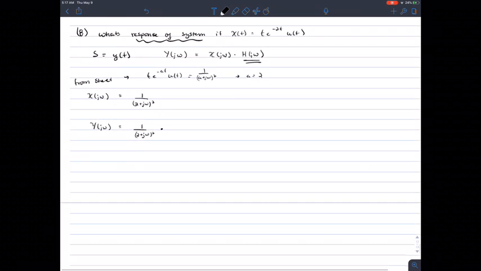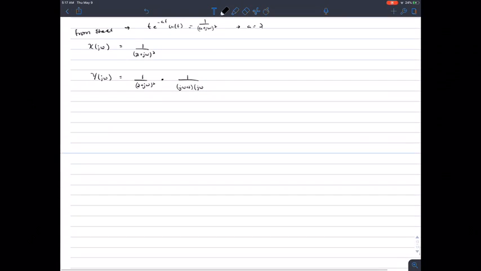Which can be simplified to 1 over (jω + 2) times (jω + 4). Okay, all we're doing is multiplying these, and you're going to have to do partial fractions again, unfortunately, which I can already tell is going to be super long.